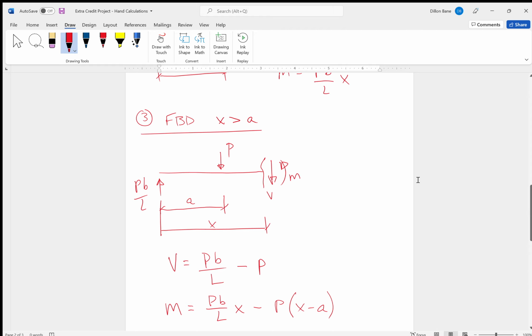This first problem is probably going to be the hardest one in terms of having to come up with two different equations for when X is less than A and X is greater than A. On beams 2 and 3, you will not need to do this. You will just need to cut one free body diagram and then come up with one equation for the shear and one equation for the moment. So this one's probably the harder one.